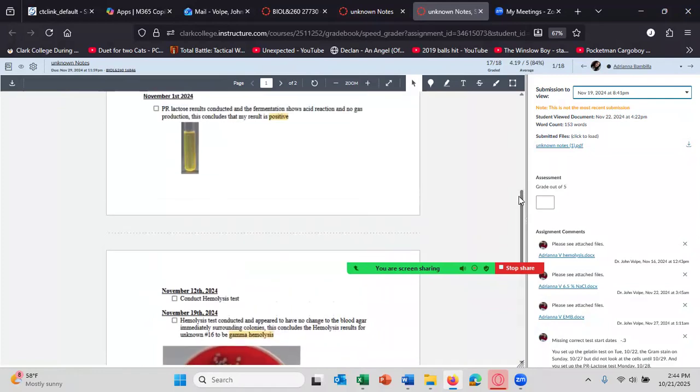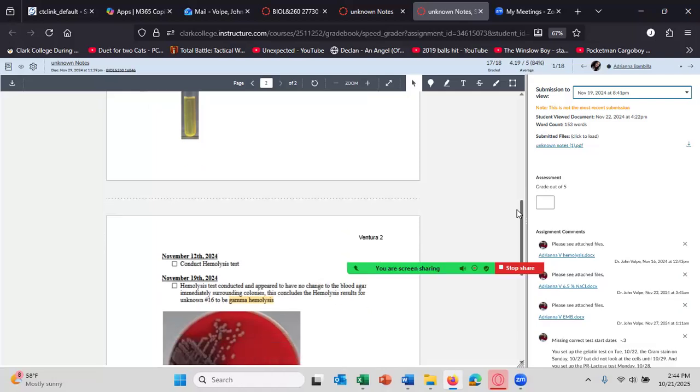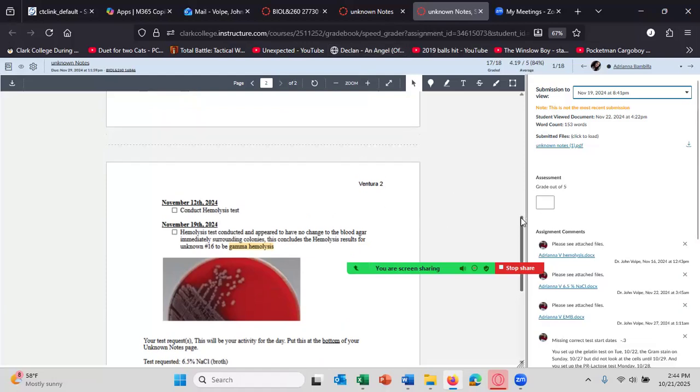So do we request them and then you just tell us the results? No, you request a test and then I'll send you a picture of your results. You have to put in the results and you put in your interpretation. Like right here, the student requested the hemolysis test above, meaning not on the state.